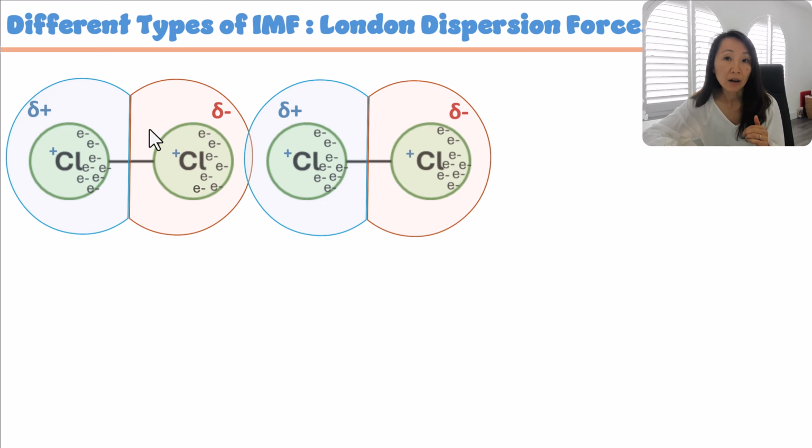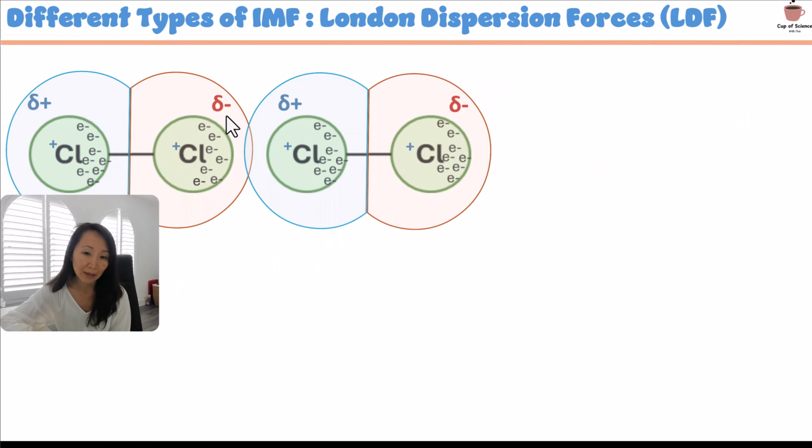So there is, again, a cloud of partially positive on one side and partially negative on the other side. Chlorines are nonpolar, meaning that there is an equal pull on each side. So even though this is a nonpolar molecule, it creates a small dipole moment, where one area is partially positive and another is partially negative. This is fairly weak.